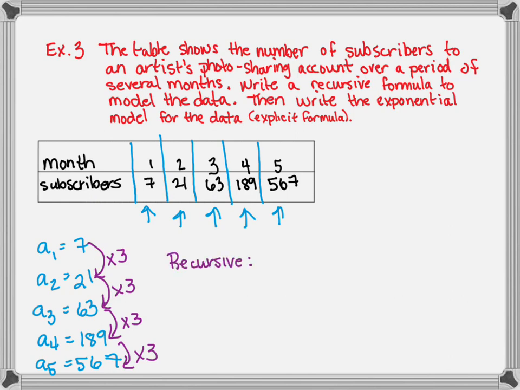So our recursive definition, we take A sub 1, which is 7, and then A sub n equals 3 times the previous term. So A sub n equals 3 times A sub n minus 1. Now, sometimes notation is slightly different. We might represent months as x and the number of subscribers as f of x. So here we could write the recursive definition as f of 1 equals 7, and f of x equals 3 times f of x minus 1.